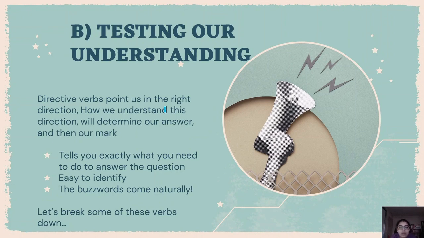Before we have a look at some of these verbs, I just quickly want to go through one more thing. When it comes to answering a question, something we tend to do here at Shoot Smart is that when we do timed questions, we do it according to 2 minutes per mark. So for every single mark you get 2 minutes.